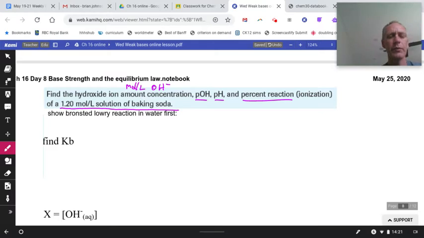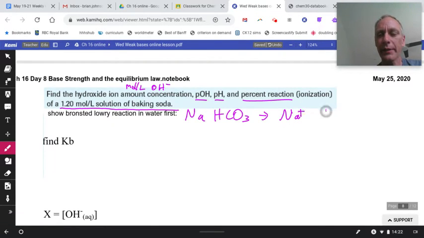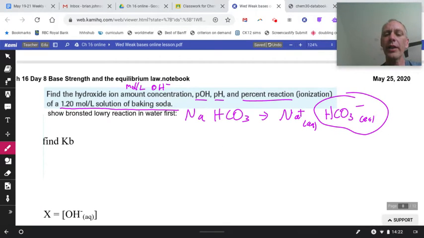Baking soda, if you don't remember it, most of you would, is sodium hydrogen carbonate. That's an ionic compound, so let's dissociate it first. Na plus, HCO3 minus. There's our weak base anion. When this ionic compound dissociates in water, the HCO3 minus is our base.